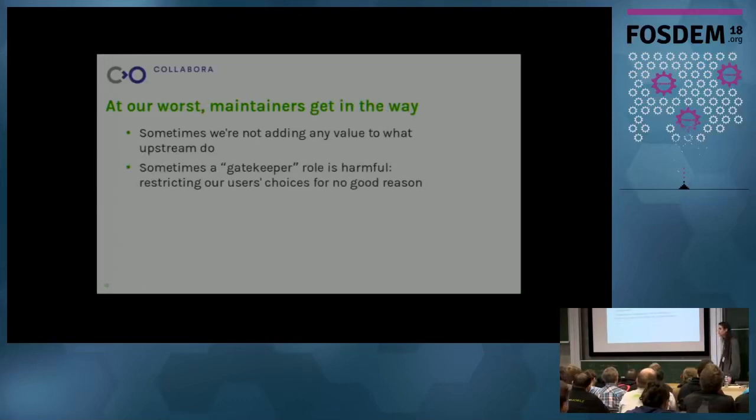I'm sure there's plenty of packages in everyone's distribution where the entire changelog is like new upstream version, new upstream version, new upstream version. You're not actually adding a whole lot to that package. And sometimes having a gatekeeper is just stopping people doing what they want to do, which is not great.